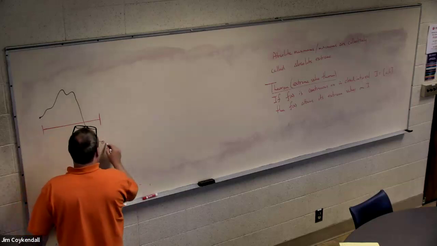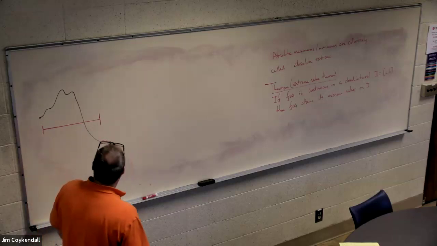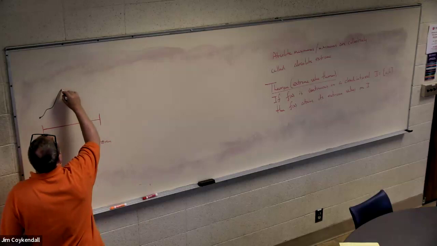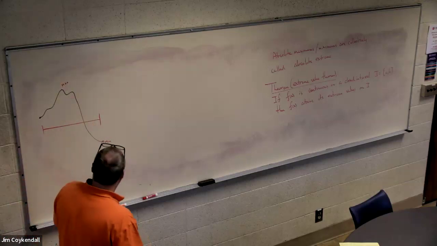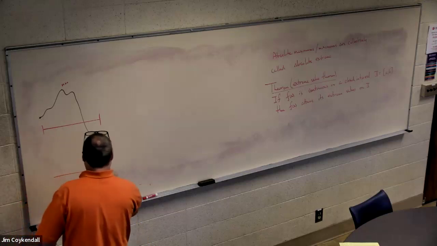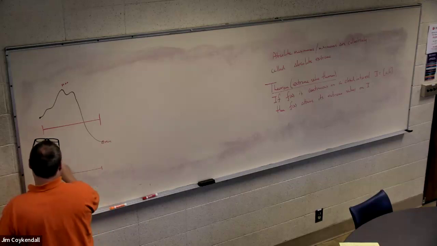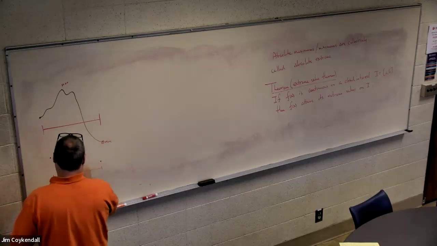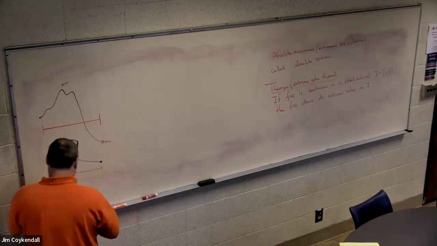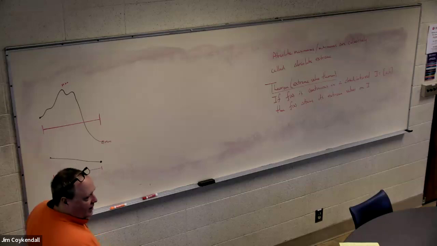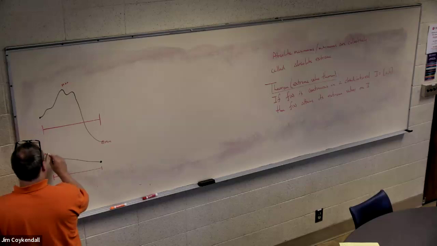Notice this is the min, right? The absolute minimum on that interval. And it looks like it attains the maximum here. Another example. Closed interval. In this case, what are the extreme values attained? At the ends, right?